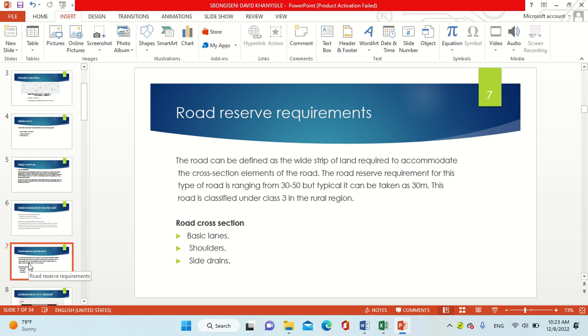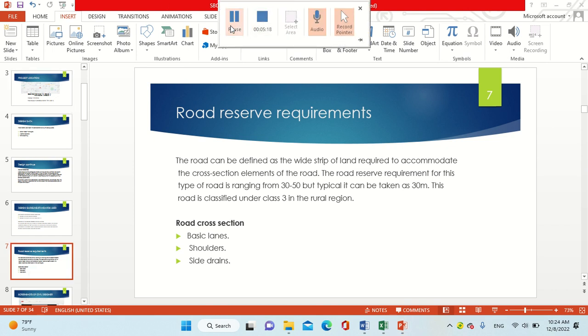Now let's look at the road reserve requirement. Okay, the road reserve can be defined as a wide strip of land required to accommodate the cross-section elements of the road.